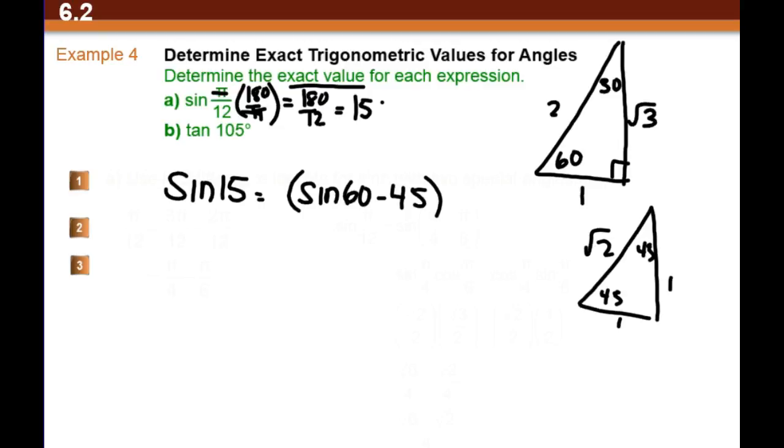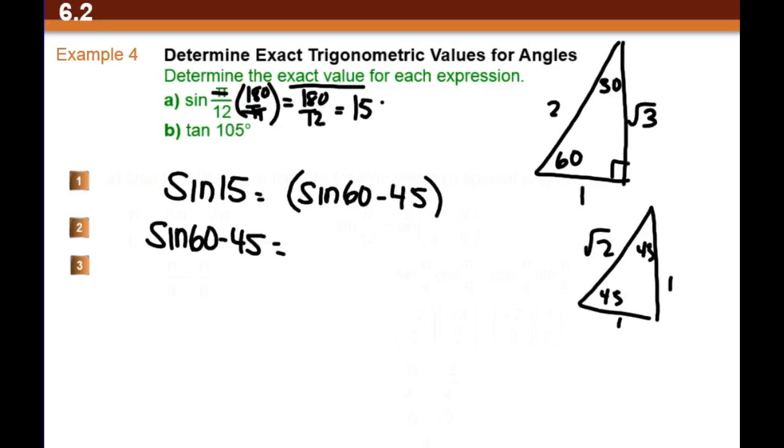Okay, so if we're doing sine 60 minus 45, which one of our identities is that, and what pattern does it follow? So it's got a subtraction, so it's probably a difference identity. And so is it sine A minus B then?